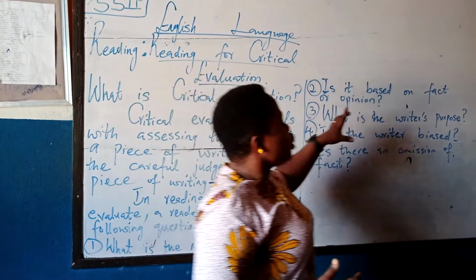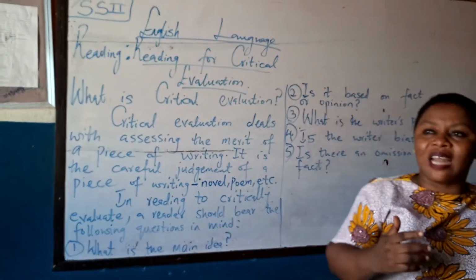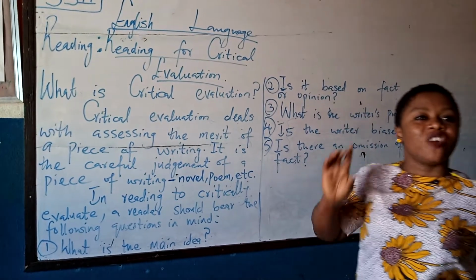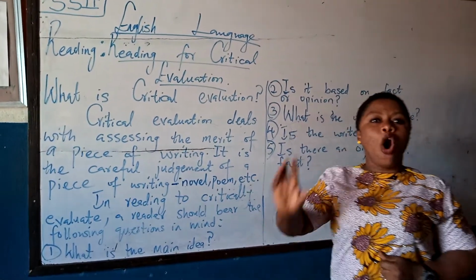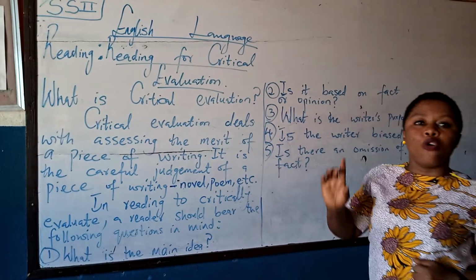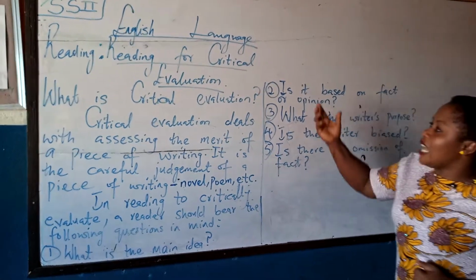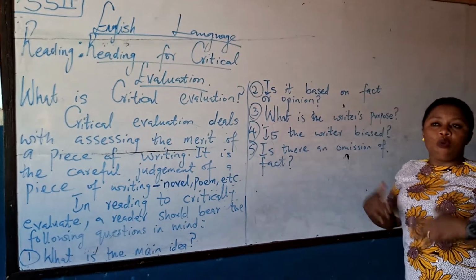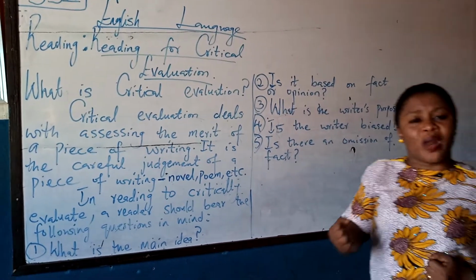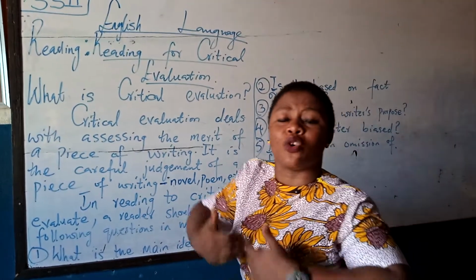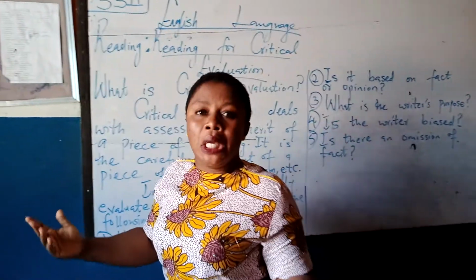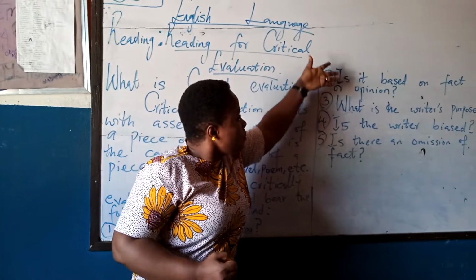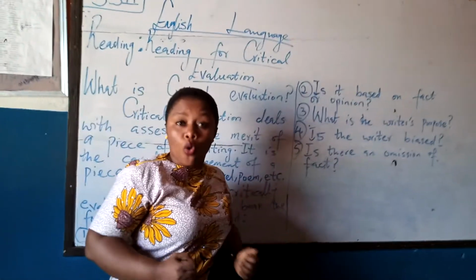If you read a particular text and you find out that the writer has written things based on how Nigeria gained independence and all the facts needed are there, you could say that the piece of writing is based on fact. When you read a piece of writing and the writer tries to say something concerning what he or she feels, in that case, you can say the writing is based on opinion.